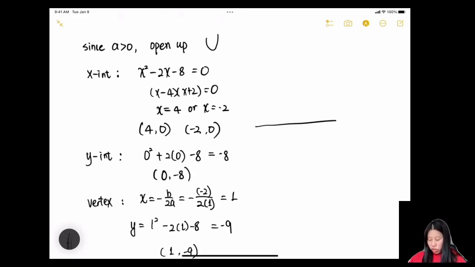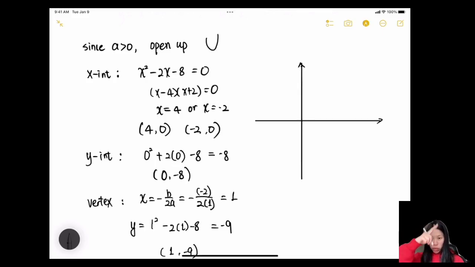So now we can draw the graph. We have open up. We know the graph is like a U. And then negative 2, 0, 4, 0. The y-intercept is 0, negative 8.